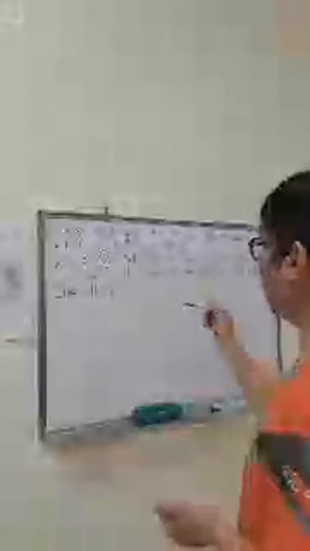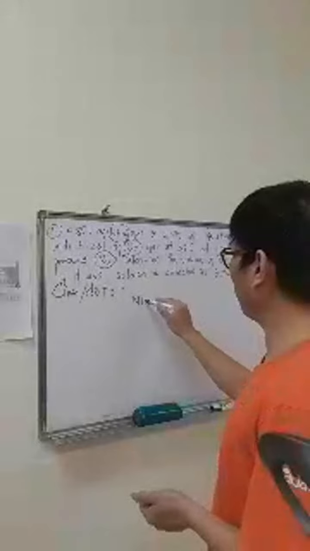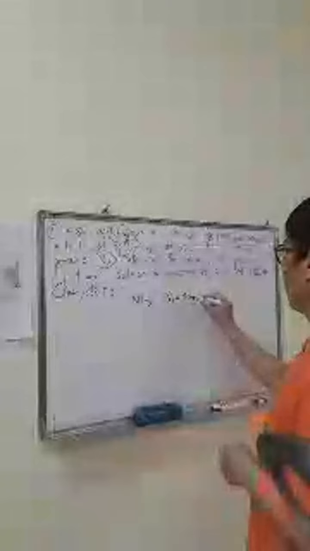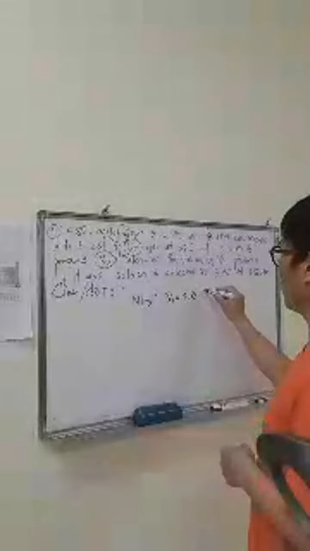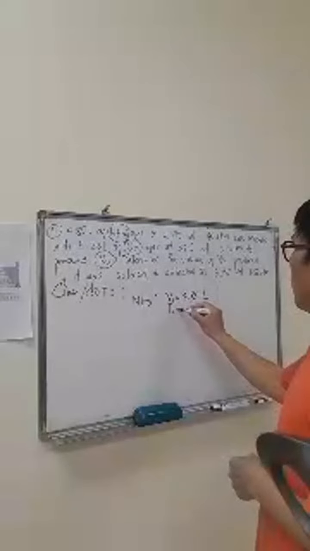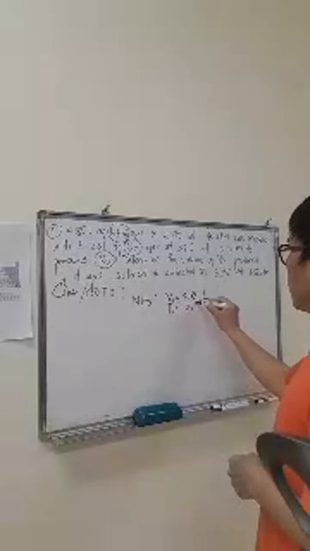First, we need to consider the ammonia. The ammonia data: volume is 4.85 liters, and the temperature is 27 degrees Celsius.